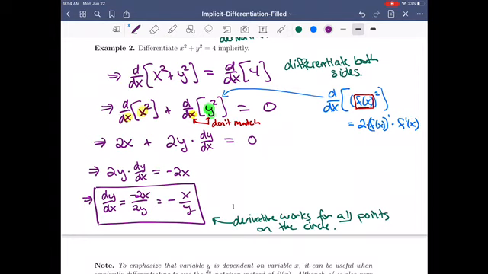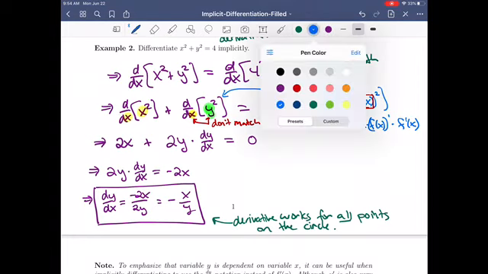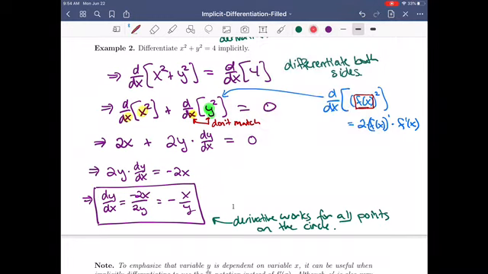Maybe I should just check that. Let's use a different color. We know we were able to solve for y, so what this says is that dy dx is actually negative x over plus or minus the square root of 4 minus x squared, because that's what y was.